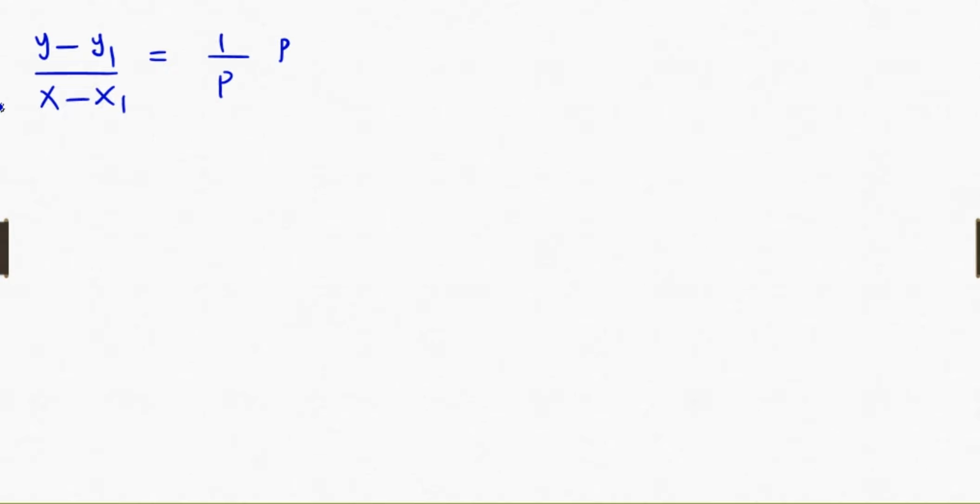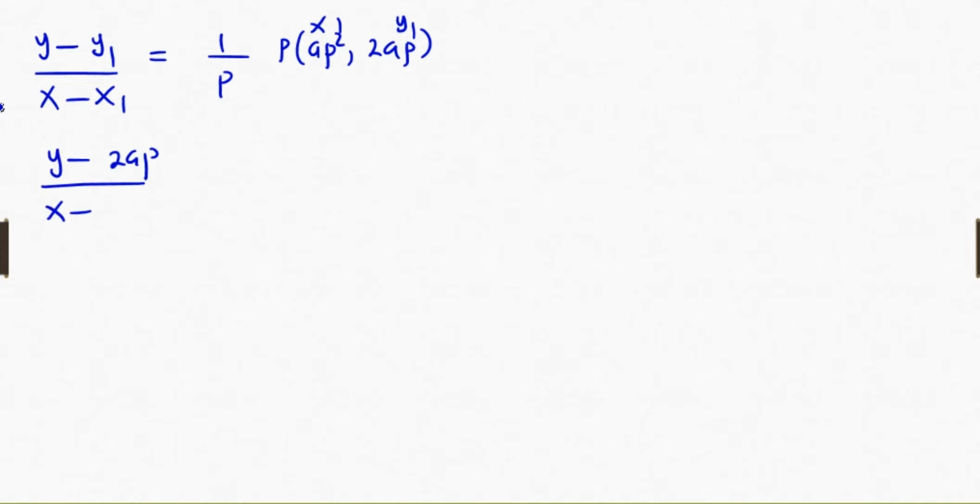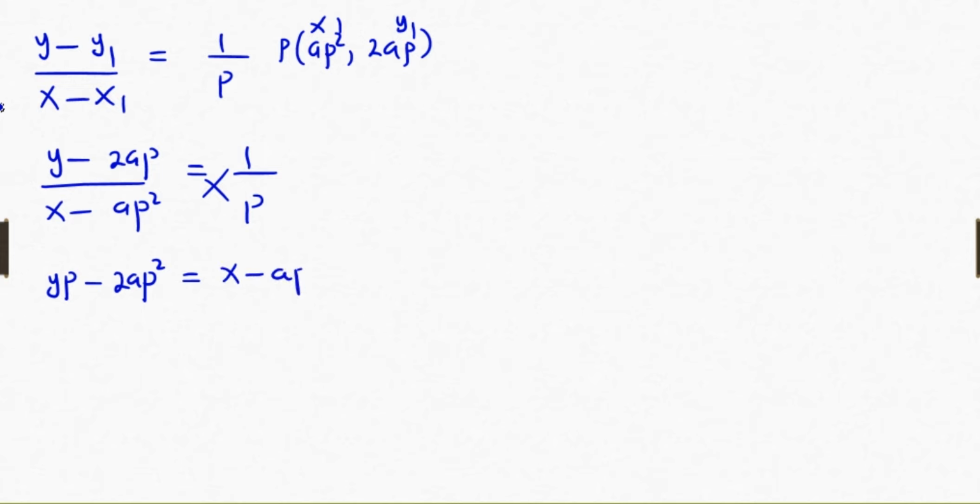But at point P, we have (ap squared, 2ap). This is our x1 and this is our y1. So we substitute: (y minus 2ap) divided by (x minus ap squared) is equal to 1 over p. We cross multiply. We shall have py minus 2ap squared equal to x minus ap squared.